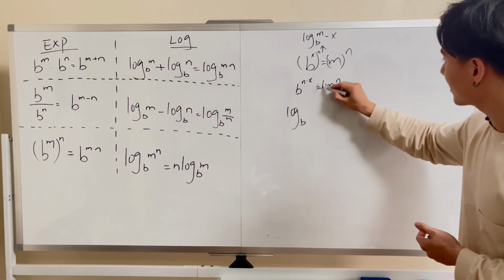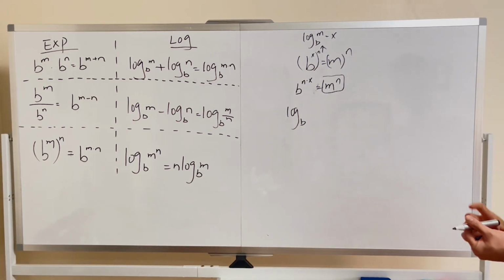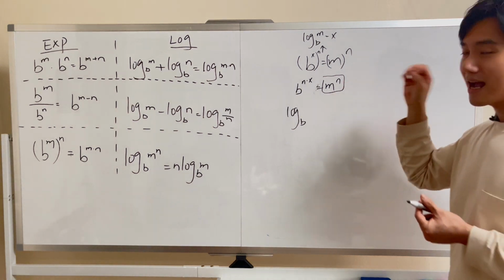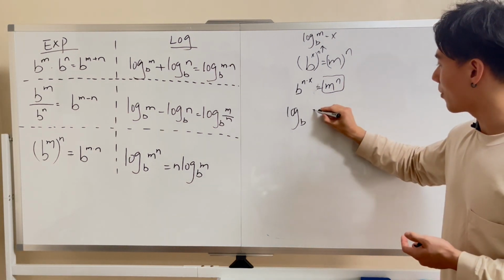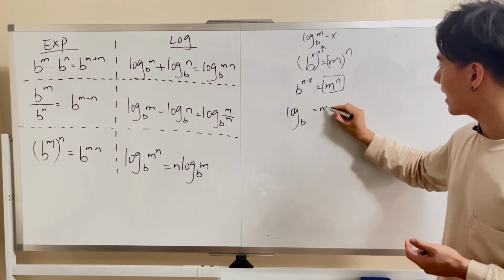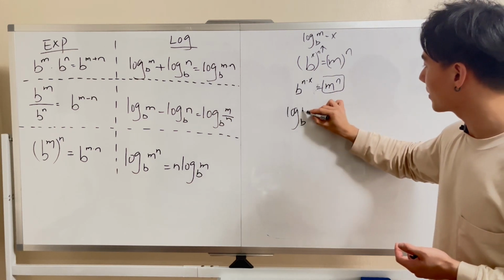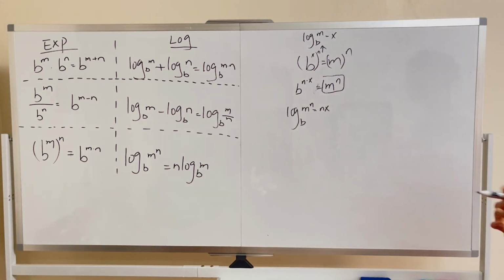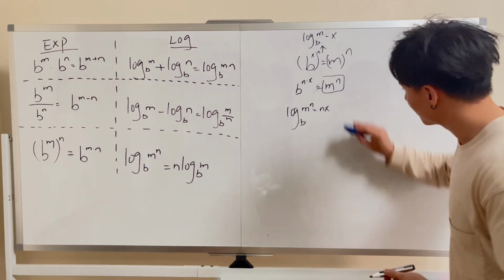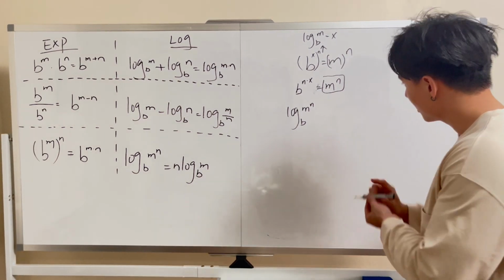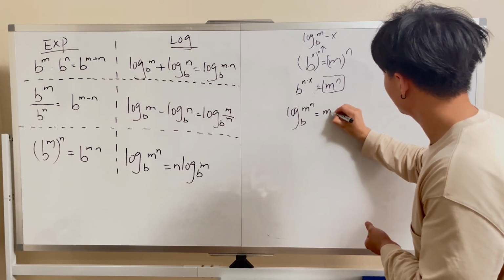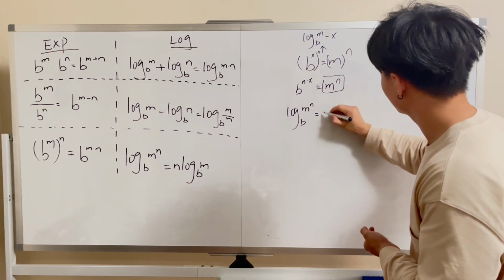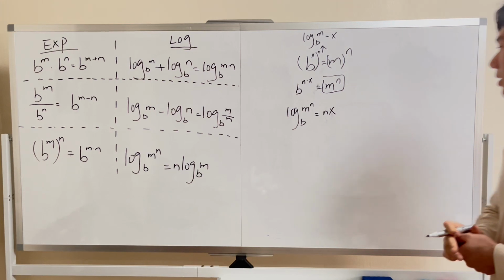Now we're going to treat this as an entity, as a whole. So now the base is b, the exponent is really n x, and this whole thing becomes the argument of the log. Now actually, let me rewrite this.